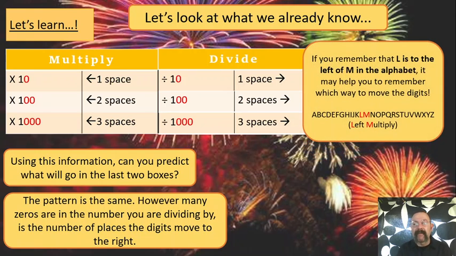Here's another little tip just to help you remember that. If you remember that L, so L is for left, is to the left of M in the alphabet, it may help you to remember which way to move the digits. So there's the alphabet. Left, L, is for multiplication, to multiply.